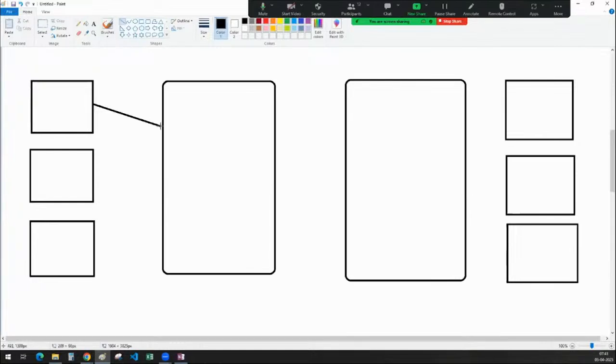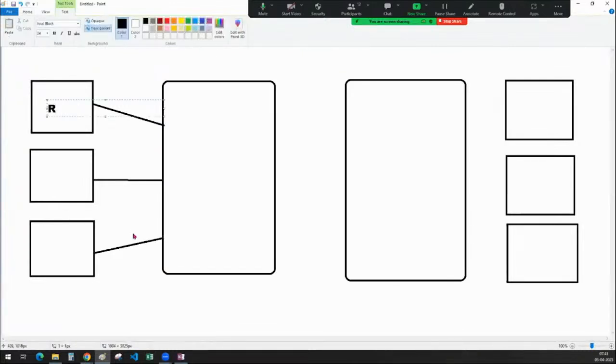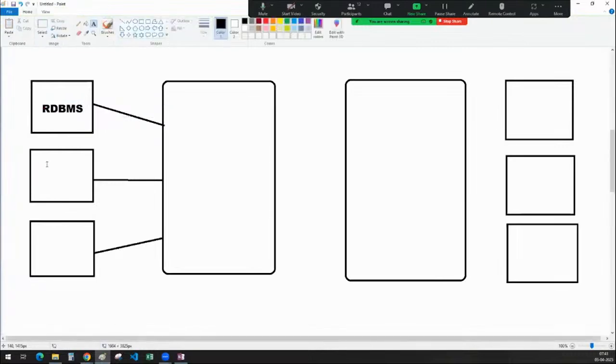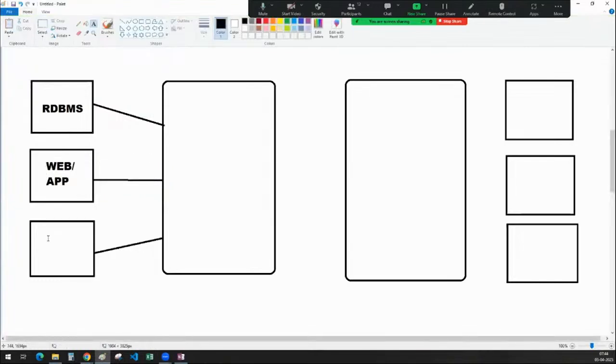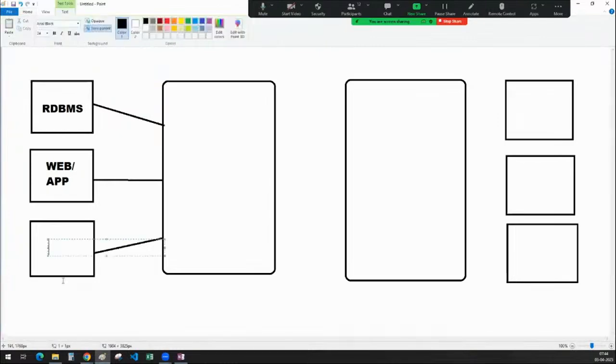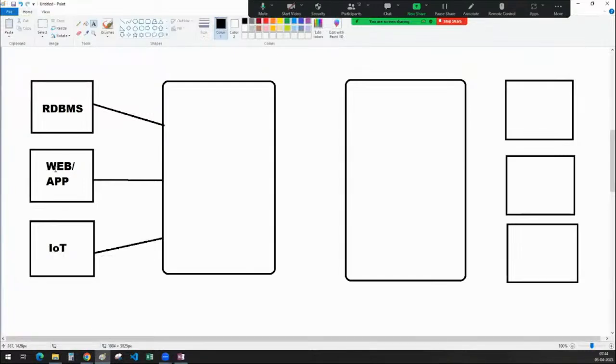If I wanted you to understand clearly, here data will be first ingested into the data lake. So here it can be an RDBMS. It can be a web server or an application, guys. Or it can be a CSV file from an application, or IoT data from an IoT application. So you get data from multiple data sources.